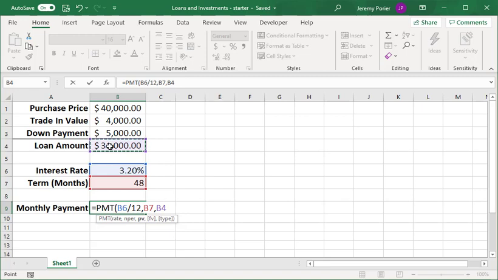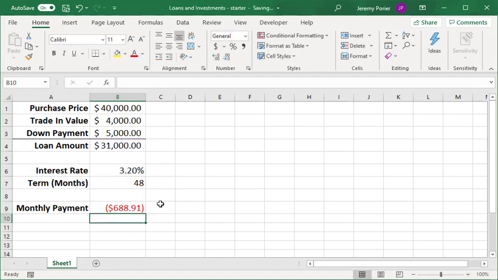We're also going to go with the default on that, so we don't have to choose those parameters, because remember, parameters that have square brackets around them are optional. All right, so it looks like we need to make $688.91 payments per month to pay off this loan in 4 years at 3.2% interest.